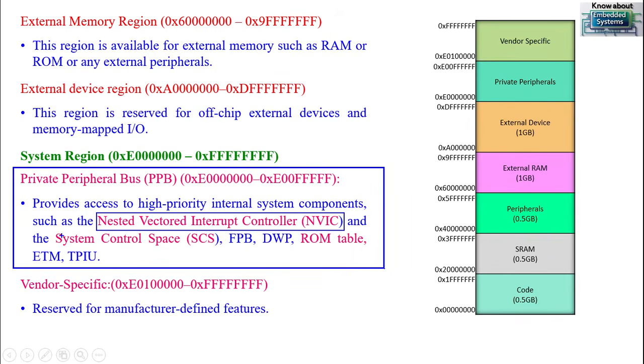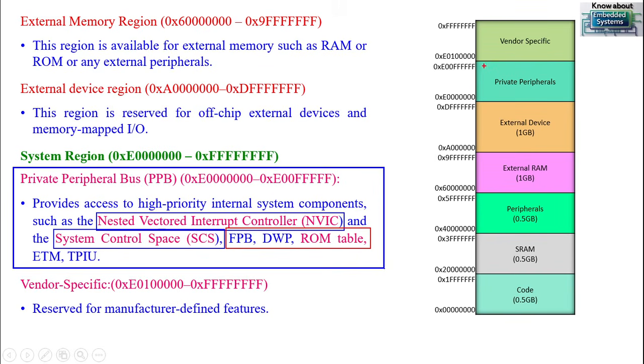Then we have the system control unit or system control block, then data watchpoints, then a ROM table and ETM, embedded trace macrocell, and then we have TPIU and so on. There are many more, but very few I have listed here. These are all the things which are related to the processor. That is why it is called the private peripheral bus.